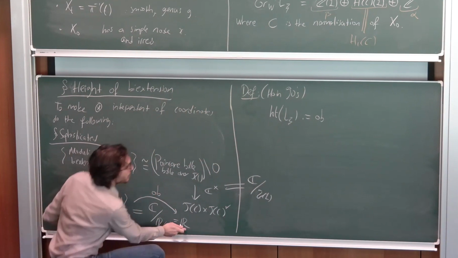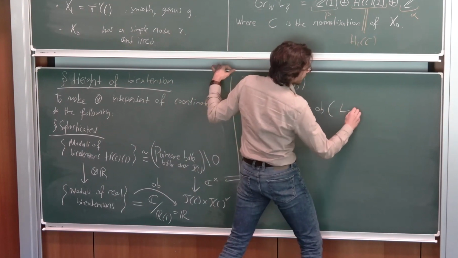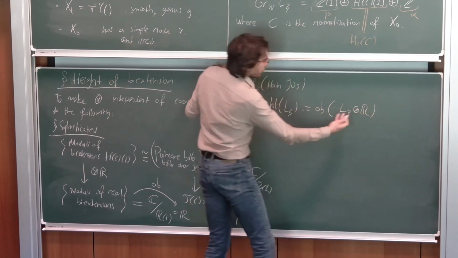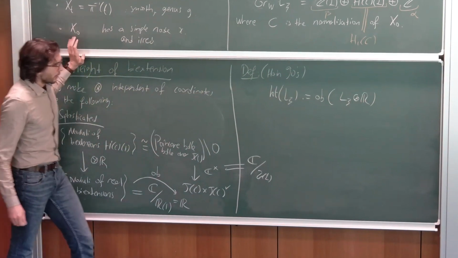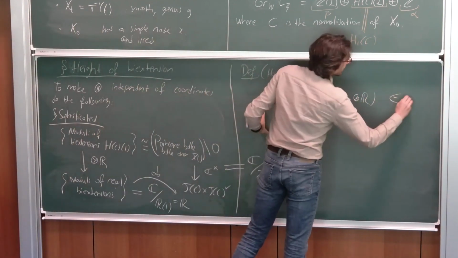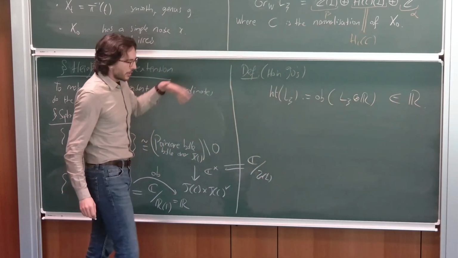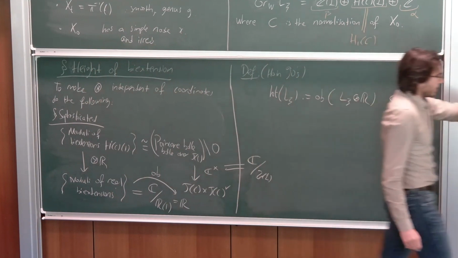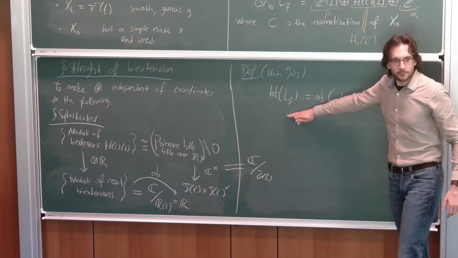So the identification of the moduli space with the real numbers is that you forget the real structure and then compute the obstruction. Remember, this is a real number. And so one of the observations that you can make is that the star is essentially measuring the height.